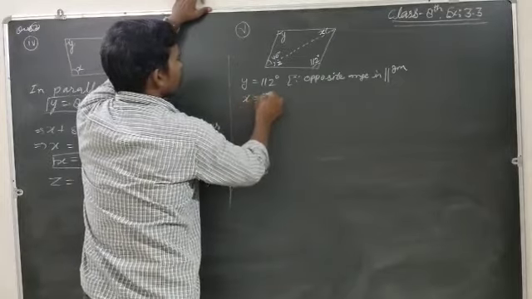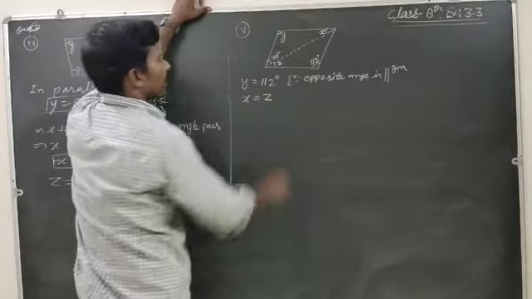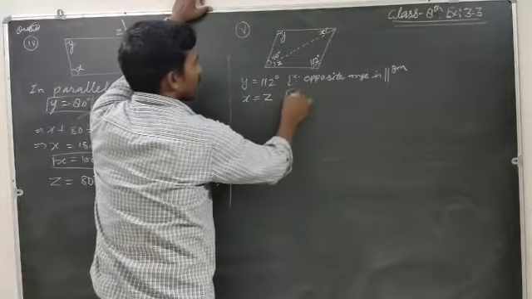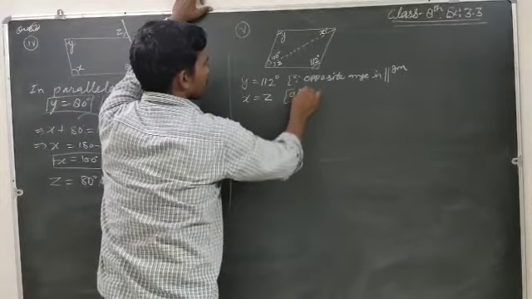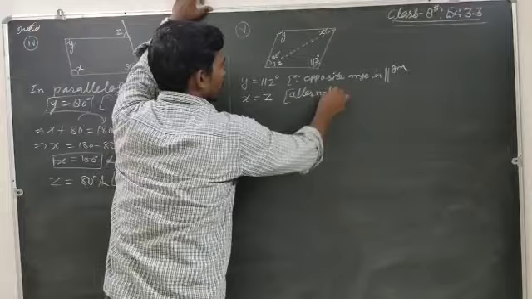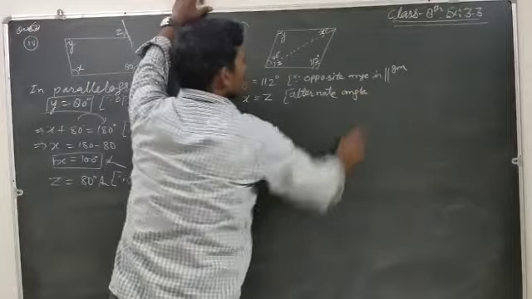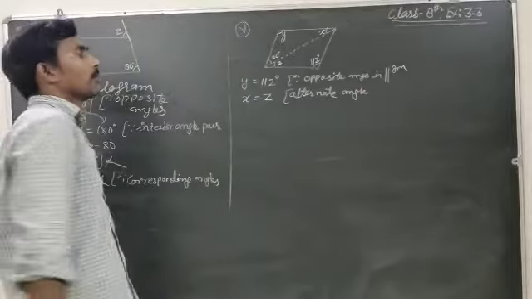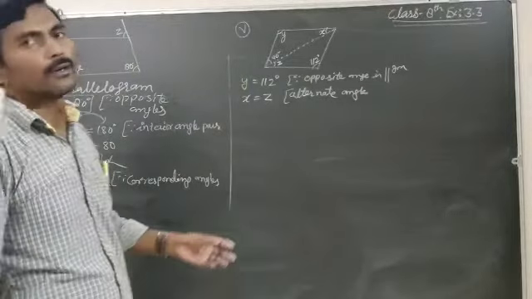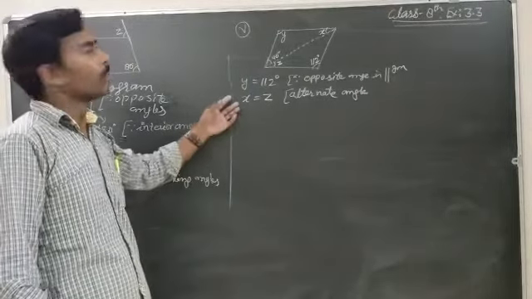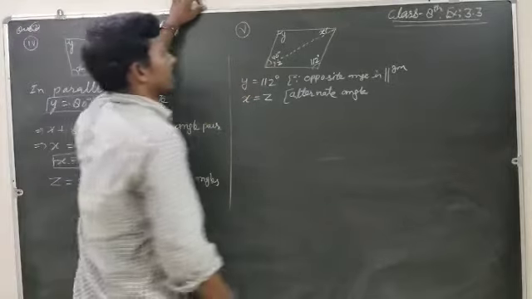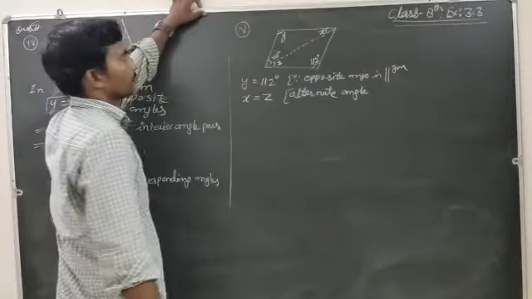X equals z. They are alternate angles. Those angles are made of a Z shape. That's called alternate angles.